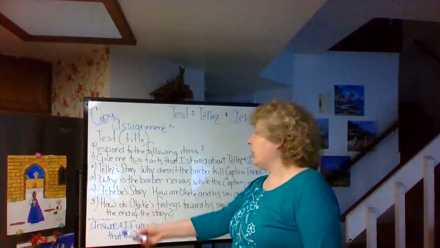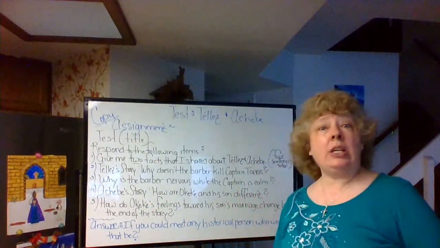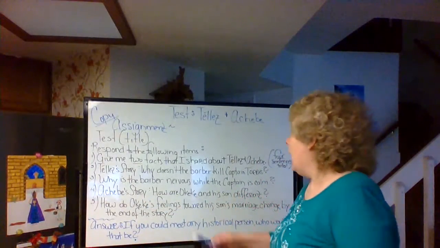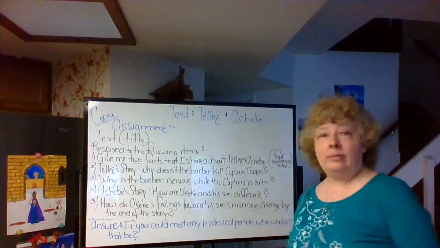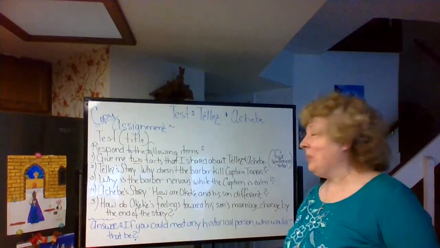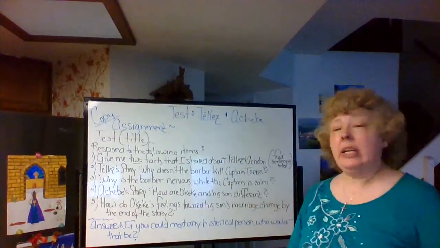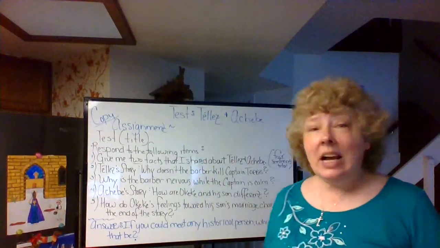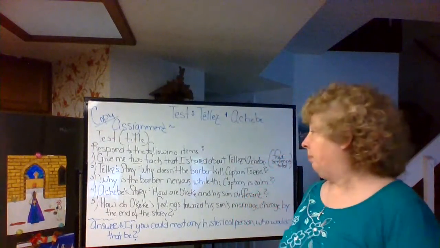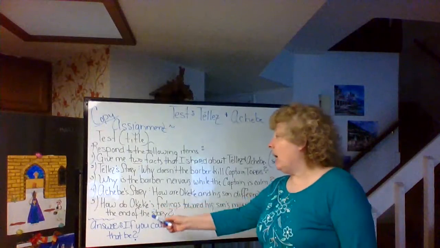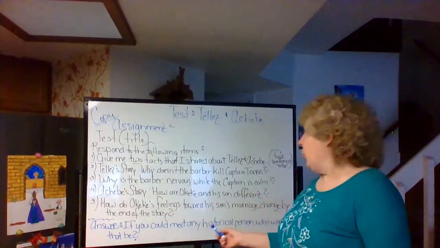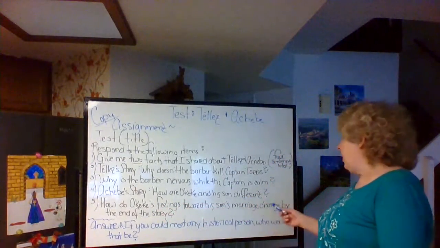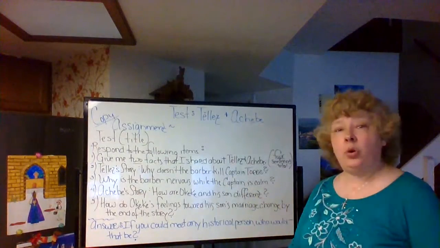Now we turn over to Achebe's story, "Marriage Is a Private Affair." How are Achebe, remember the father, and his son different? Here's the key. Different. How are they different? Not similar. And then finally, how do Achebe's feelings toward his son's marriage change by the end of the story?